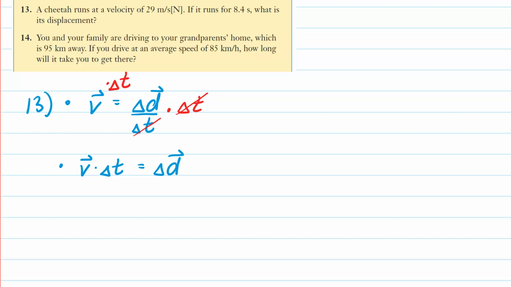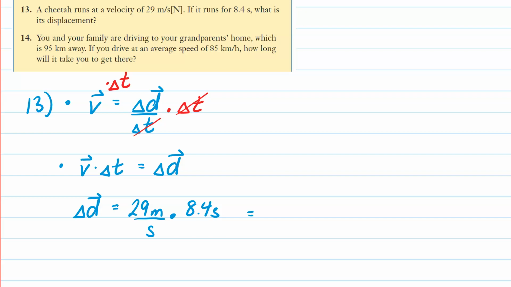So now you have an equation for displacement, which is v times t, or velocity times time. We can plug in our numbers. We're given a velocity of 29 meters per second, and we're given a time value of 8.4 seconds. So we're multiplying those two together.